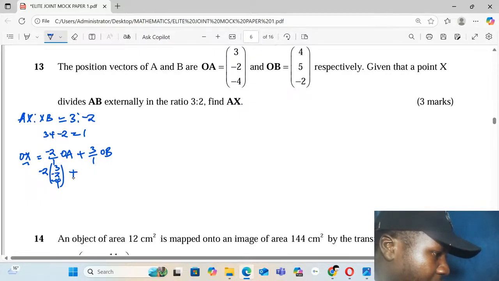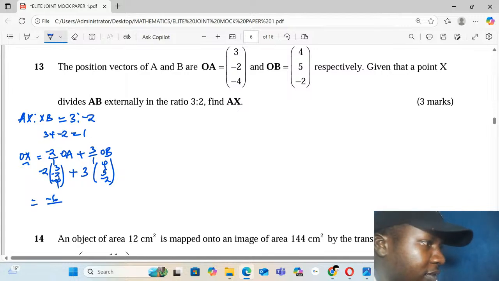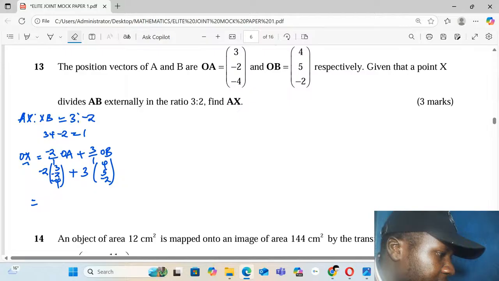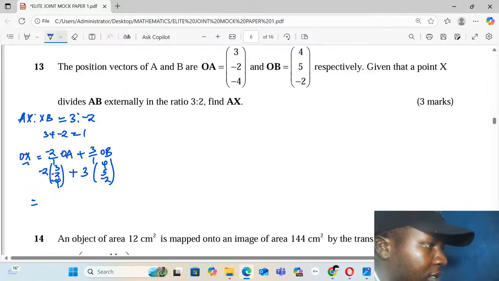Then we add 3 times vector OB, which we are given as (4, 5, -2). So we multiply. We are going to get (-6, 4, 8).